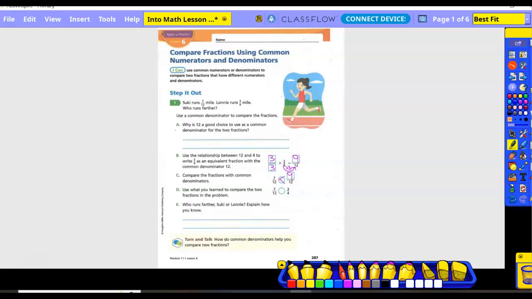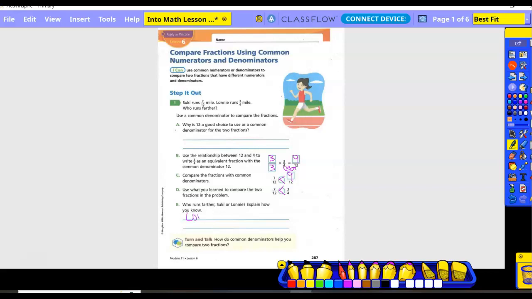so 7/12 is less than 9/12. Okay, so 9/12 was also equal to 3/4, right? So 7/12 is less than 3/4. So who runs further, Suki or Lonnie? Lonnie, right guys? Okay, 7/12 was the least.